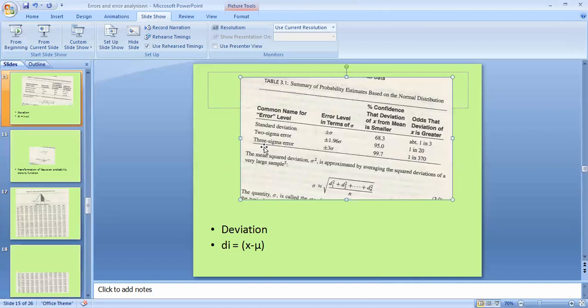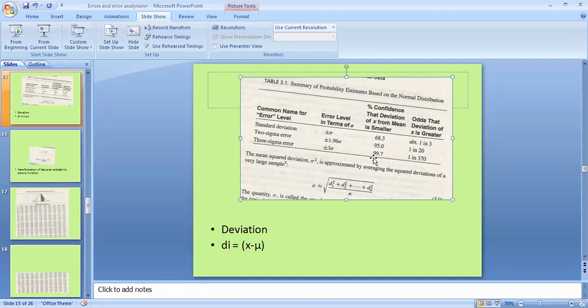How much confidence do we want? Suppose I want 68.3% confidence, then the spread will be plus minus 1 sigma. Suppose I want a 5% significance level, then it will be plus minus 1.96. If you want 99.7% confidence, then it will be plus minus 3 sigma.